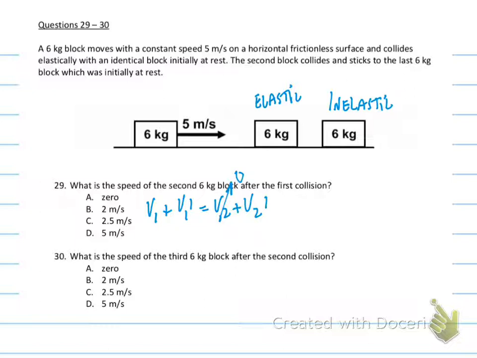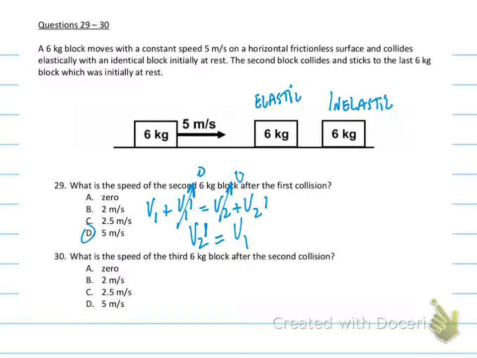And after V1 collides elastically with the second block, its final velocity will be 0. So we're going to say that the final velocity of the second block is going to be the initial velocity of the first block, which was 5 meters per second.